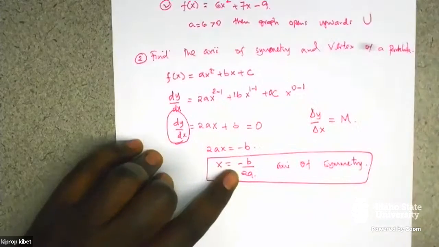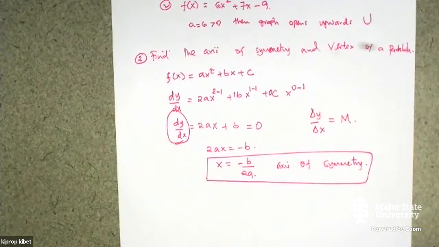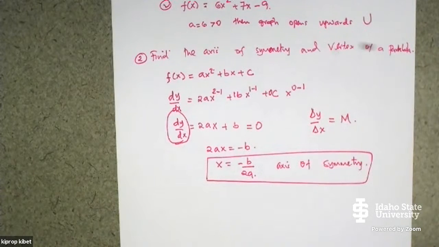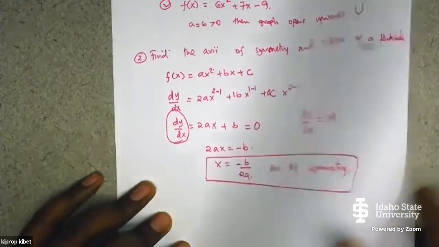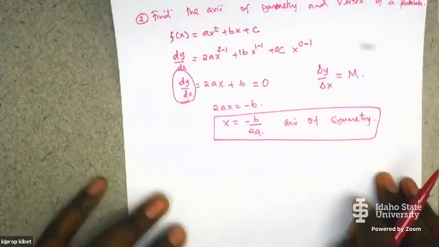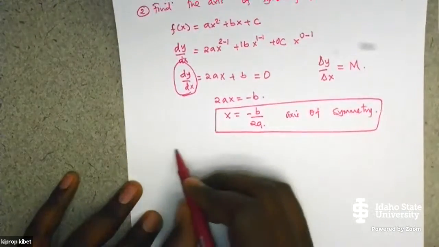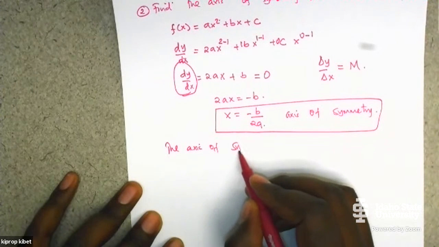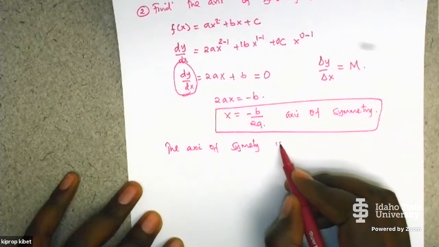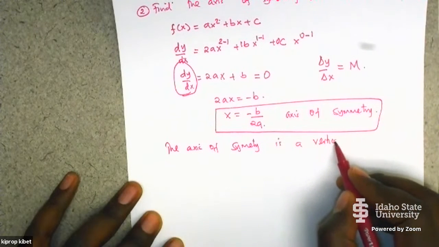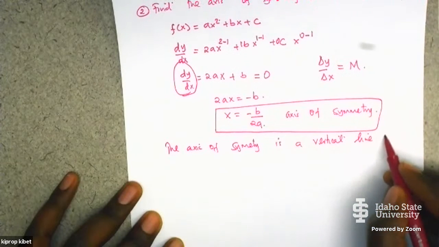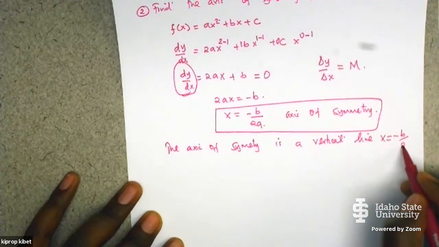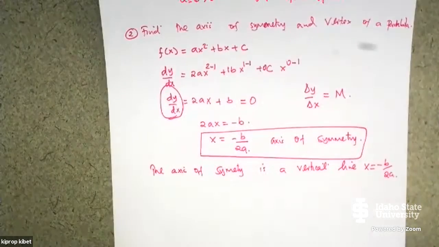This formula here, x equals minus b all over 2a, is the axis of symmetry. So we can say the axis of symmetry is a vertical line x equals minus b all over 2a.